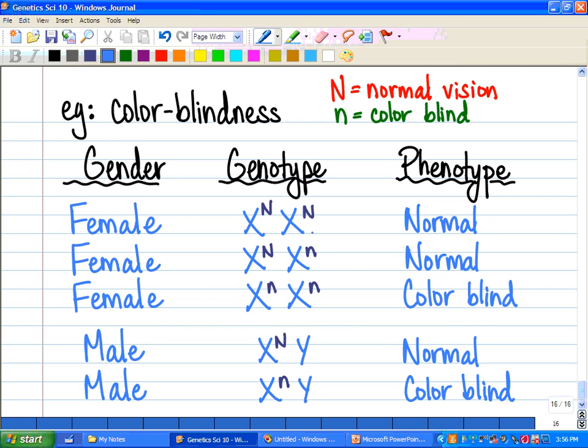Whereas in females, like in this situation right here, this female got a lowercase n, but they had normal vision because thankfully they had this capital N to dominate over the colorblind allele. Whereas males don't have that sort of option. If we get even one copy of that colorblind allele, then we're not going to see our reds and greens quite right.